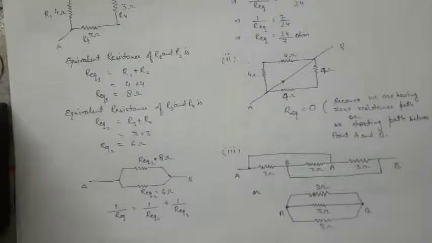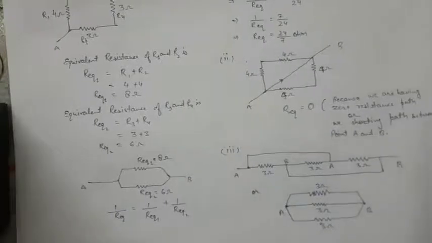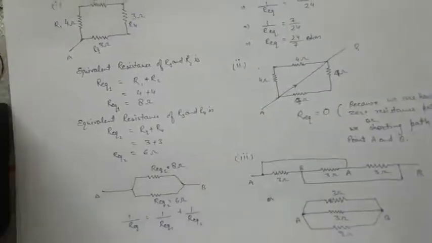So now we solve the 3 parallel resistances. 1 upon R equivalent equals 1 upon R1 plus 1 upon R2 plus 1 upon R3.